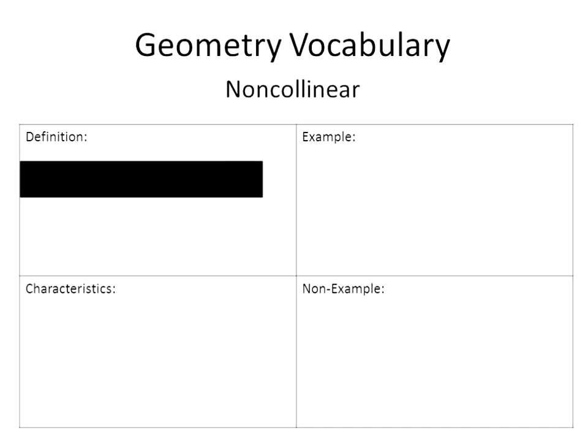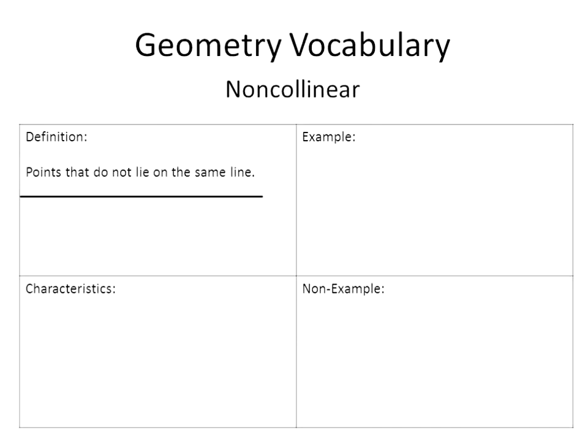What if they're non-collinear? We know collinear. What is non-collinear? What do you think? If collinear means on the same line, non means not, right?